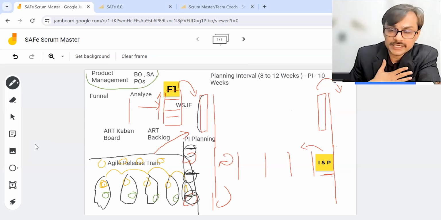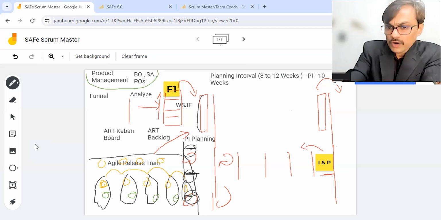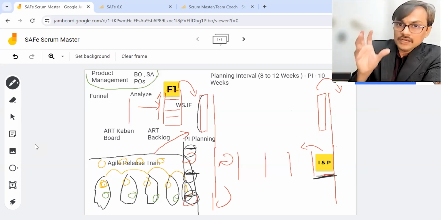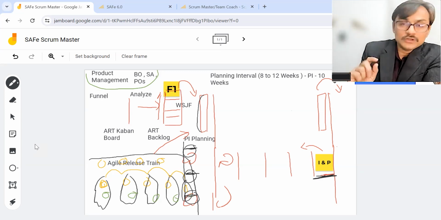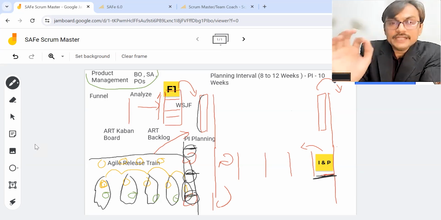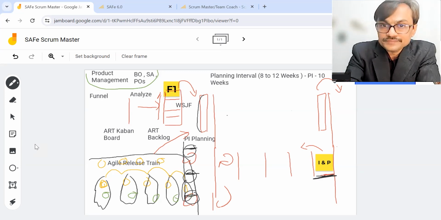So my role is I need to facilitate the 1 week before, and we call it innovation and planning iteration. I need to facilitate that activity for the readiness of the PI planning meeting. Yeah. Another thing which I need to make sure as a Scrum Master during this duration, I should have clarity about what kind of capacity we can plan for the upcoming PI.